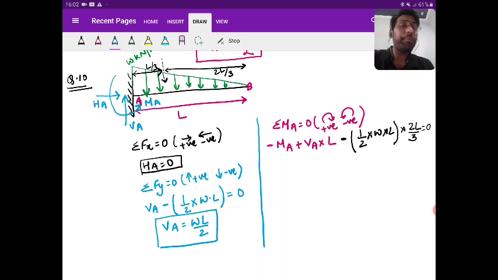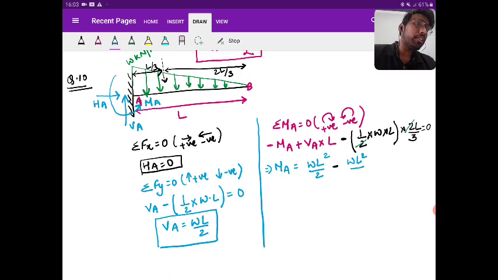So from here, what we get? MA is equal to VA value, if I put WL by 2, multiplied with L. That is nothing but WL square by 2, minus WL square by 3.